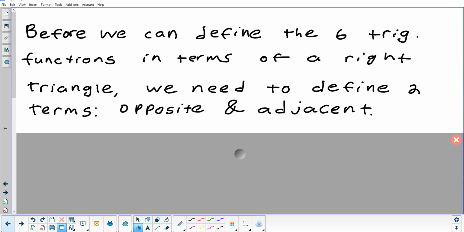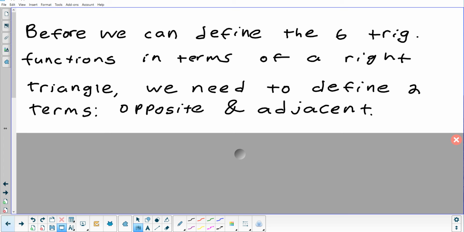And then we had to flip those to get the other 3. Well, this week, we're not going to be describing it in terms of a coordinate. We're going to describe it in terms of 3 words. We're going to use the words opposite, adjacent, and hypotenuse.